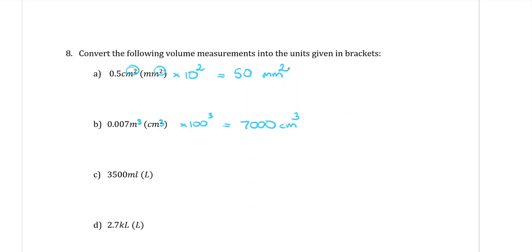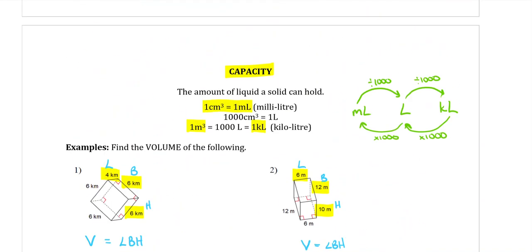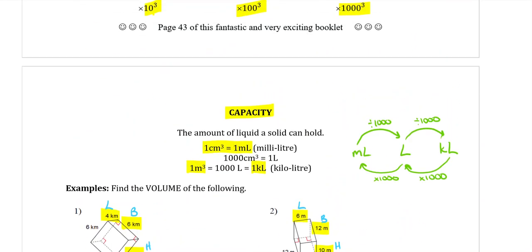Not on that one. In your booklet, Kobe. Go back a couple of pages, go back a page. Where we did the capacity. How do I change from millilitres to litres? All right, I'm going to have to go back. Here we go. This one, this thing here.